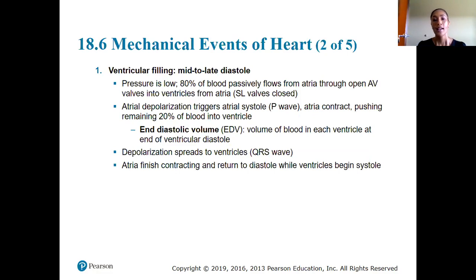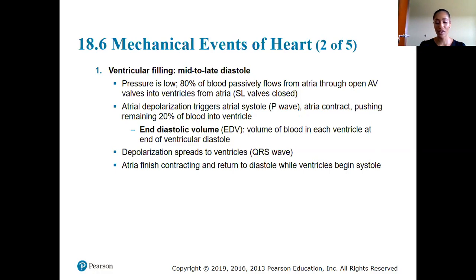Remember that whenever the ventricles are filling with blood, our semilunar valves are going to be closed. So atrial depolarization will trigger atrial contraction, which is going to be our P wave. The atria will contract and then push the remaining 20% of blood into the ventricles. So the end diastolic volume, or the EDV, is going to be the volume of blood in each ventricle at the end of ventricular diastole.